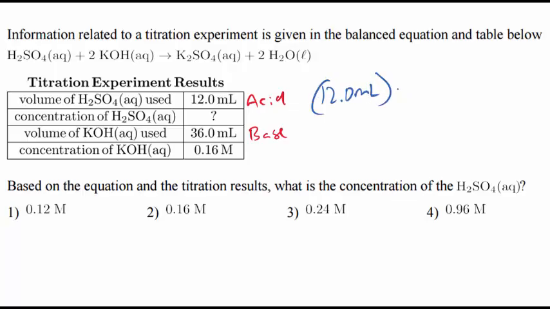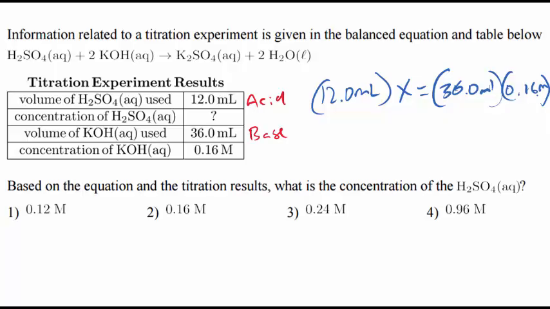The concentration of the acid is my unknown. The volume of the base is 36.0 milliliters. And the concentration of the base is 0.16 molar. Now, I got to multiply and then get x alone.